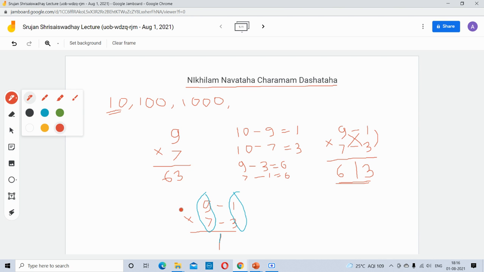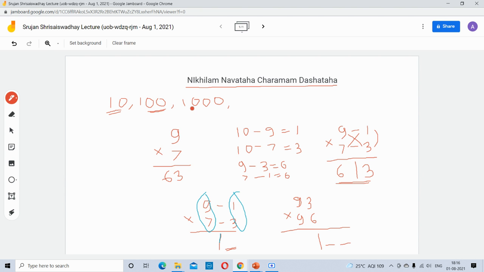Now, if I'm taking a base of 10, only one digit will come here. If I'm taking a base of 100, here two zeros are there. So let us consider that I'm going to multiply, let us say, 93 into 96. Then in that case, the split will be like this. Here I'm getting two digits, and I'll be solving that problem.